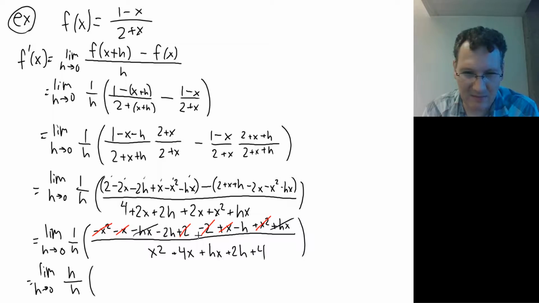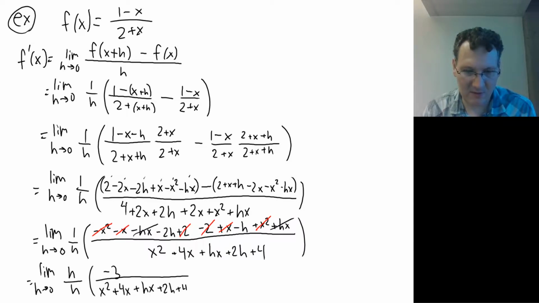So what we had left was minus 3h, right? Minus 3h, and then the minus 3h, only the minus 3 remains. Down below, x squared plus 4x plus hx plus 2h plus 4.